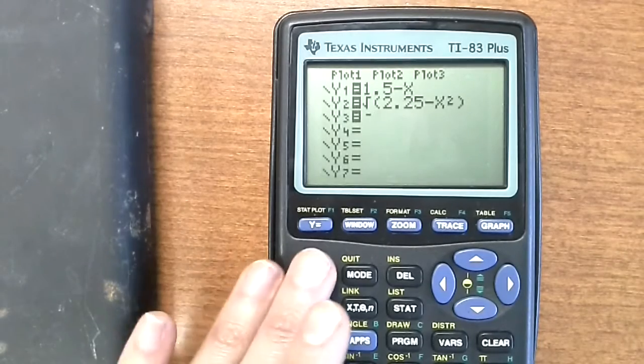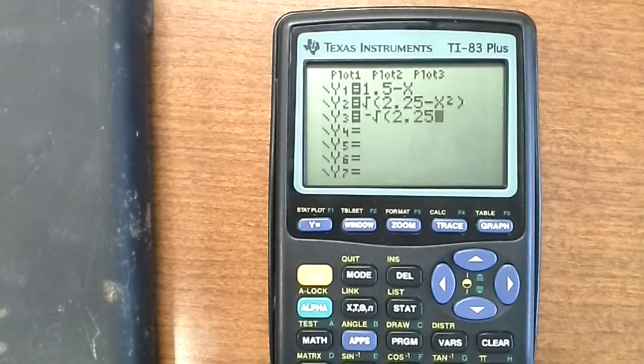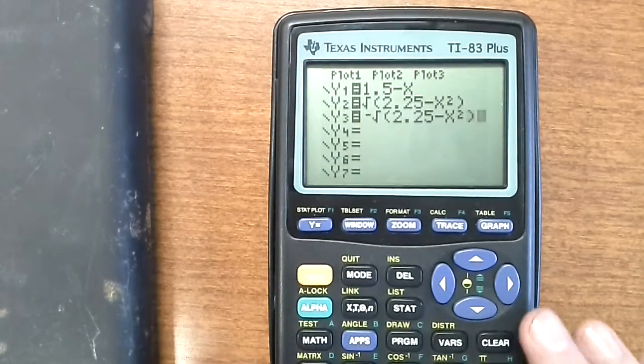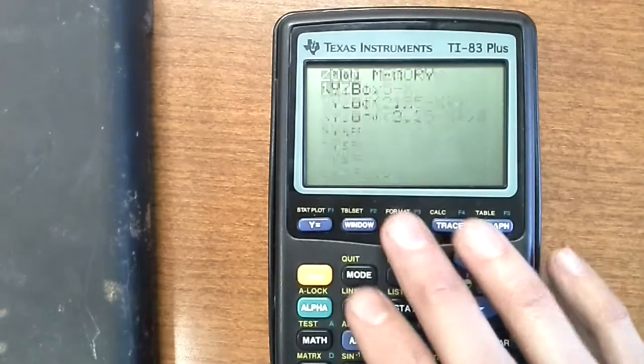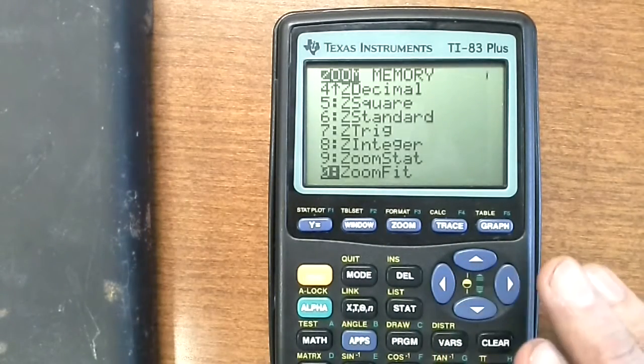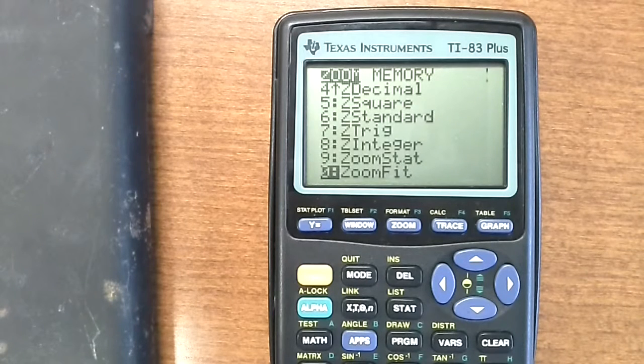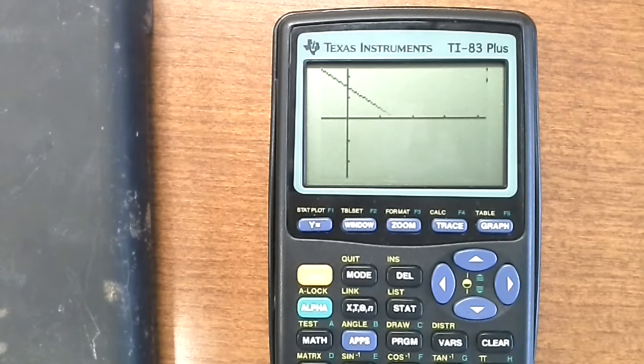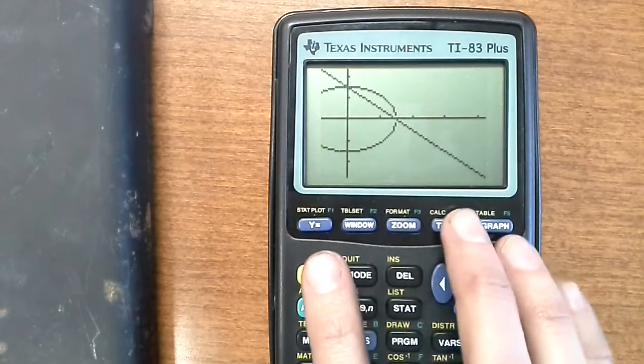And then we'll do the negative value of that, the negative square root of 2.25 minus x squared. And then zoom and fit. Right, and once again we have 2 points of intersection with this graph. So we'll go ahead and calculate that.